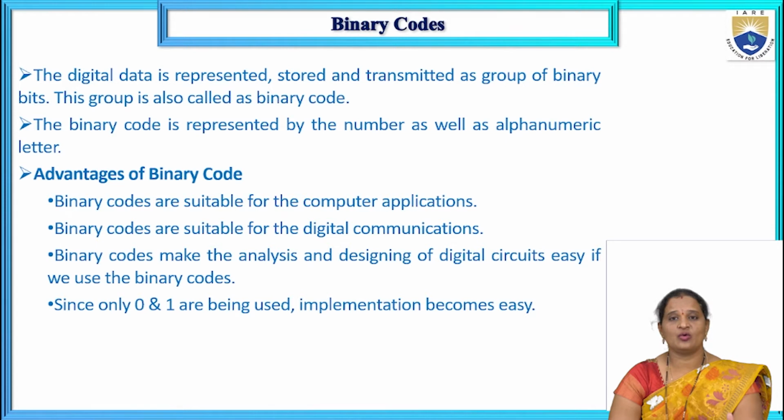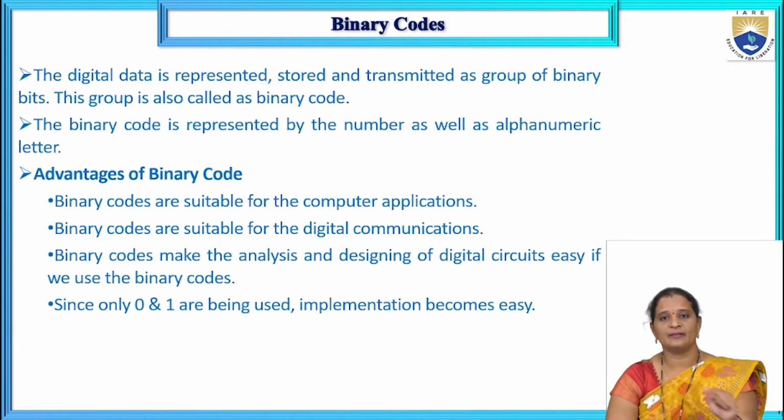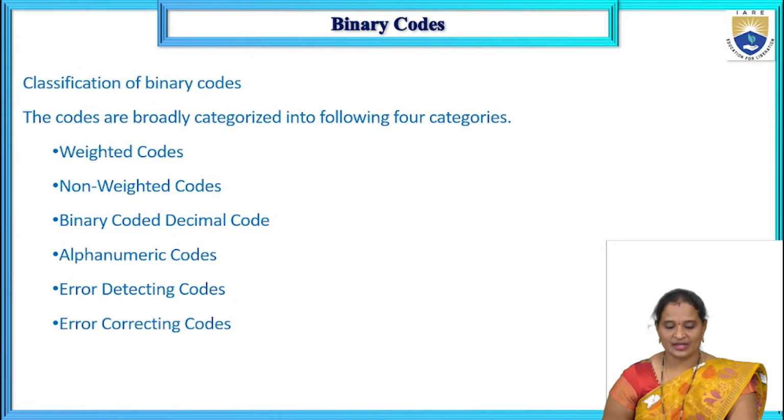Binary codes also make the analysis and design of digital circuits easy. And the last advantage is, since only zeros and ones are being used, implementation becomes very easy. So these are the advantages of binary codes.